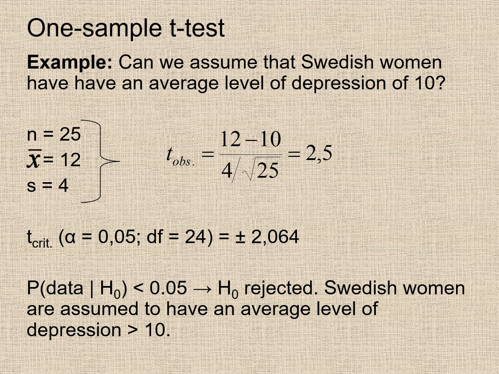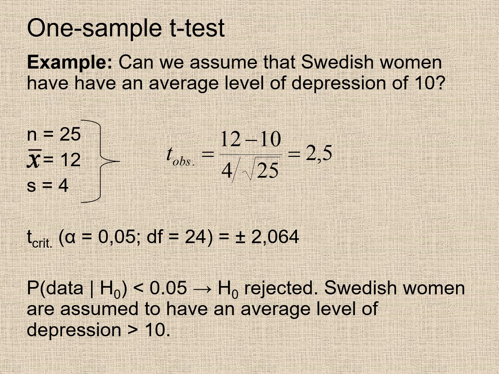So what we do now is that we calculate how many standard errors this value 12 deviates from the tested value 10. So we take 12 minus 10 divided by standard error. And standard error we get by taking the sample standard deviation 4 divided by the square root of the sample size 25.